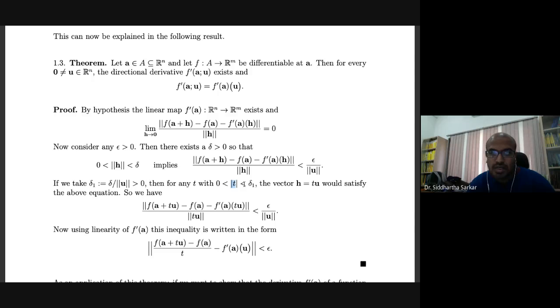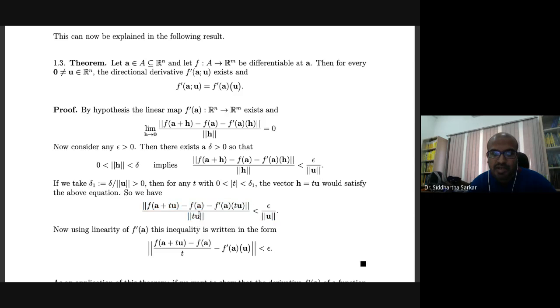And that means the norm of h, from the property of the norm of a vector, would satisfy this inequality now, because of the scaling. Now this line has to be true. So instead of h, you replace everywhere t times the vector u. So what you get is this is less than epsilon times norm of u.